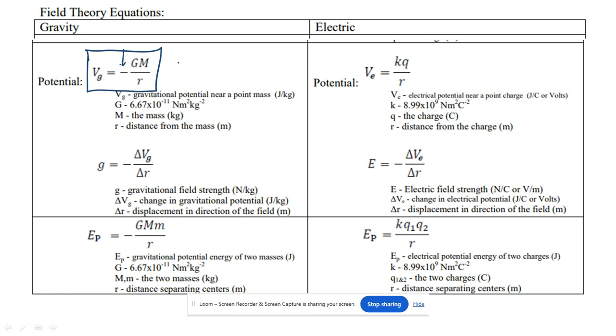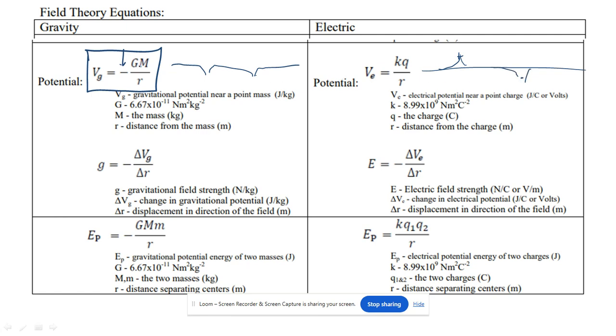It's like the sheet of rubber. Gravity always pushes the sheet of rubber down. There's no anti-gravity. Nothing pushes the sheet of rubber up. Whereas positive charges, if this is the sheet of rubber, positive charges push it up. Negative charges push the sheet of rubber down.